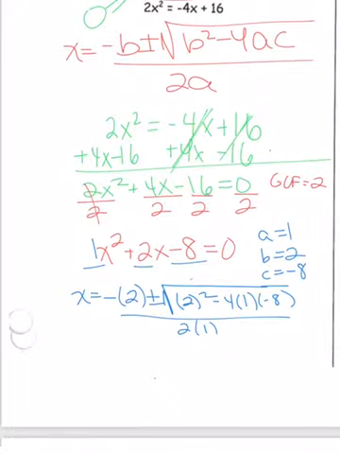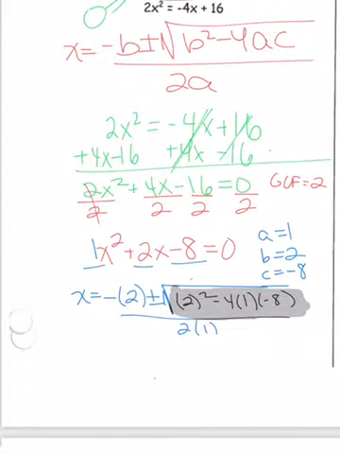All right, so let's simplify this a little bit. And again, what's underneath that radical, guys, you should be putting directly in the calculator. Do not try to do this by hand. So let's see what we get when we simplify.